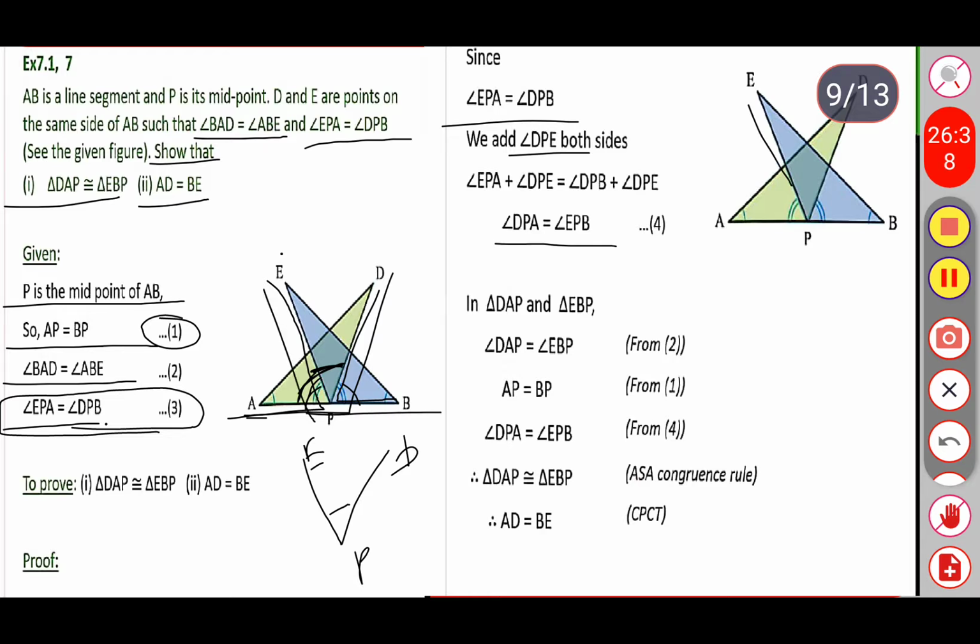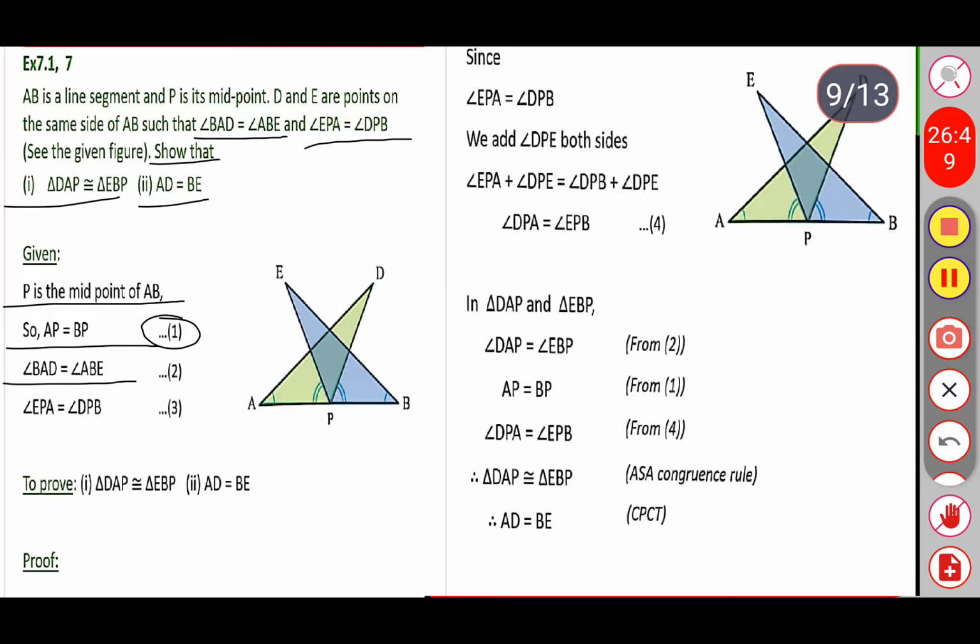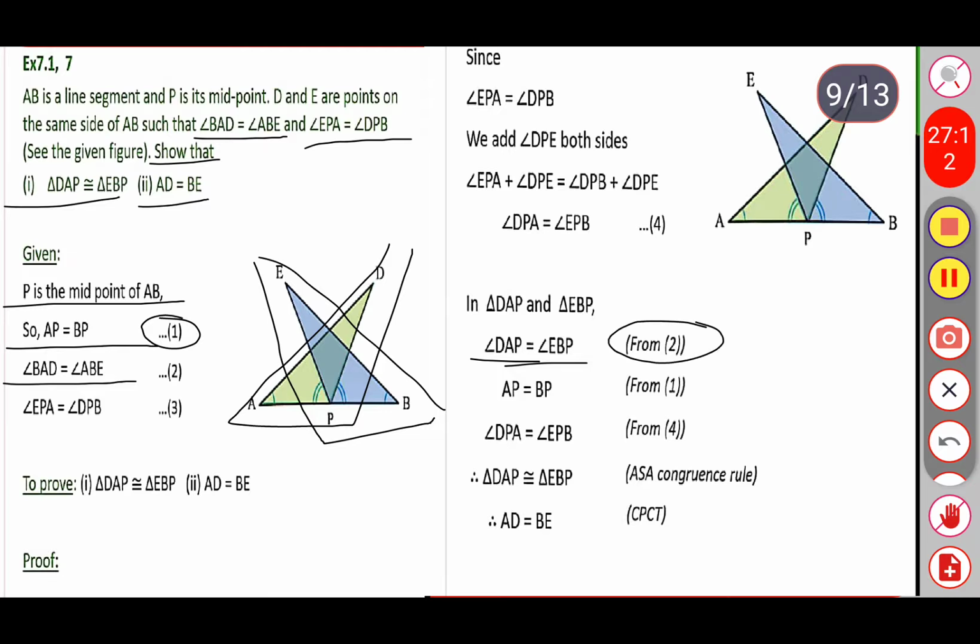Now consider the two triangles. The two triangles are DAP, the first triangle, and the second triangle is EBP. In that, angle DAP is equal to angle EBP, we already proved in equation 2. And next one, AP is equal to BP, because P is the midpoint of the line segment.